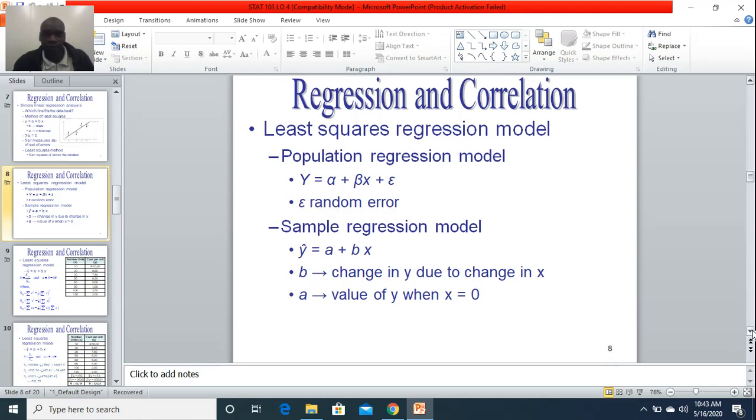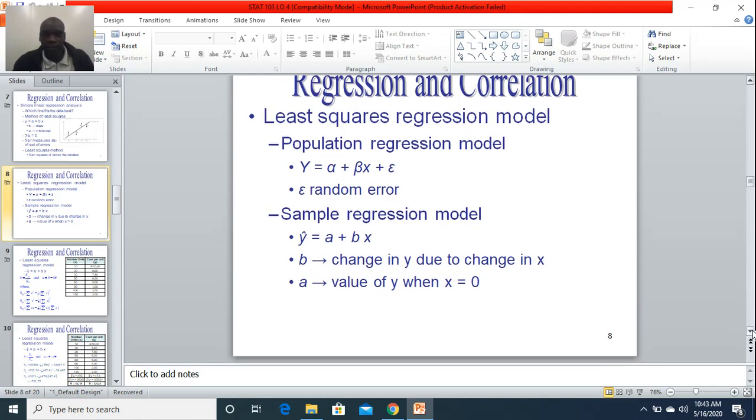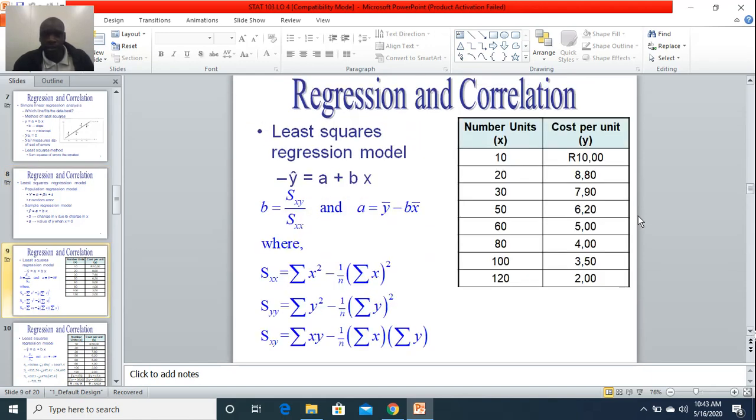But now we have to do the regression equation. y is equal to a plus bx. So b is Sxy over Sxx, whereby Sxy is given by summation of xy minus 1 over n, summation of x times summation of y.